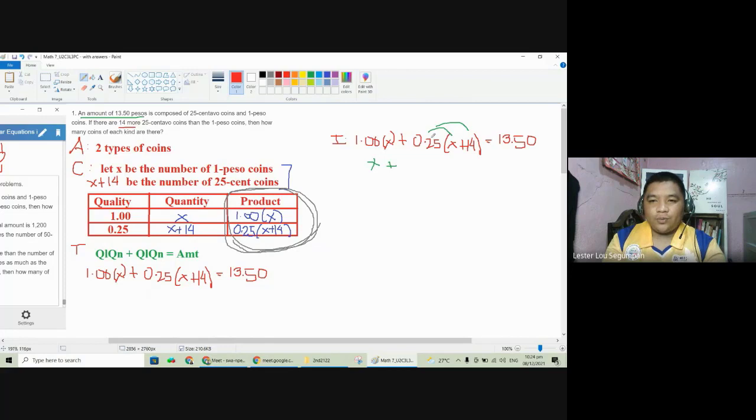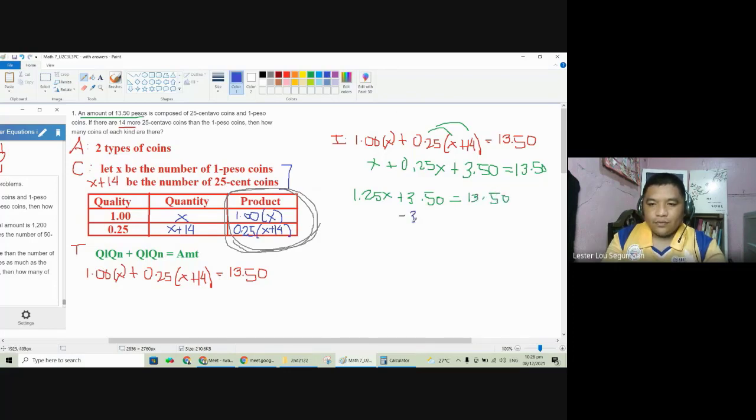So we have 0.25 times x, you will have 0.25x plus, and then you just multiply 0.25 by 14. That's actually 3.5. And the other side will still be 13.5. Simply continue. So you have 1.25x plus 3.50 is equal to 13.50.